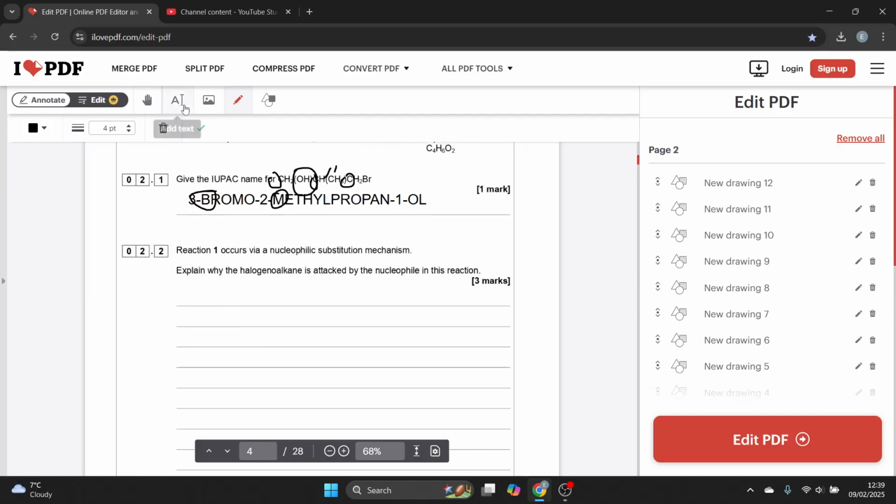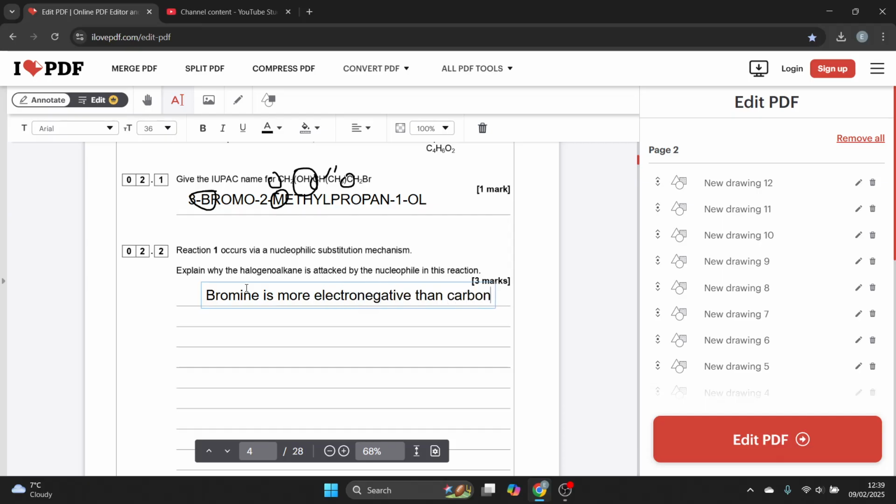Explain why the halogenoalkane is attacked by the nucleophile in this reaction. Bromine is more electronegative than carbon. Carbon is partially positive, electron deficient.